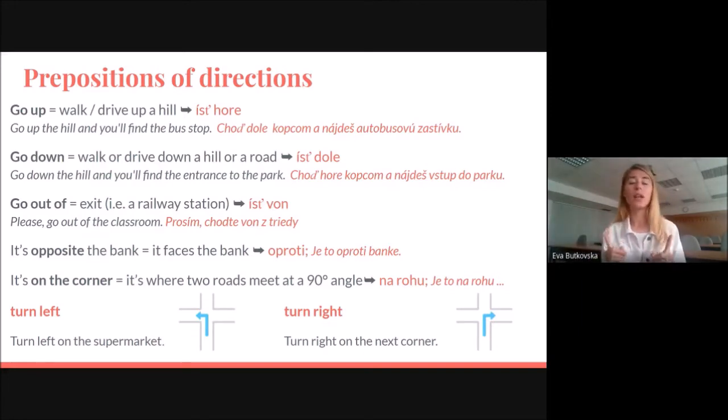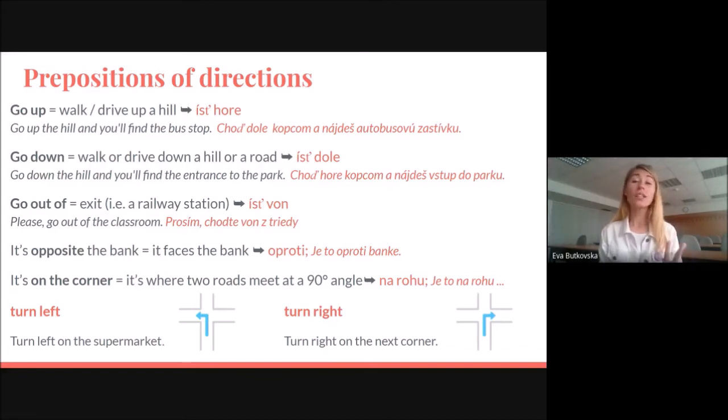Think about this one, and I want you to focus right now, because you could say in the corner as well, but it means inside the corner, so in the corner of the room. But if we are giving directions, we use the preposition on the corner. So let's say the bank, it's on the corner of those two streets. So on the corner, remember.